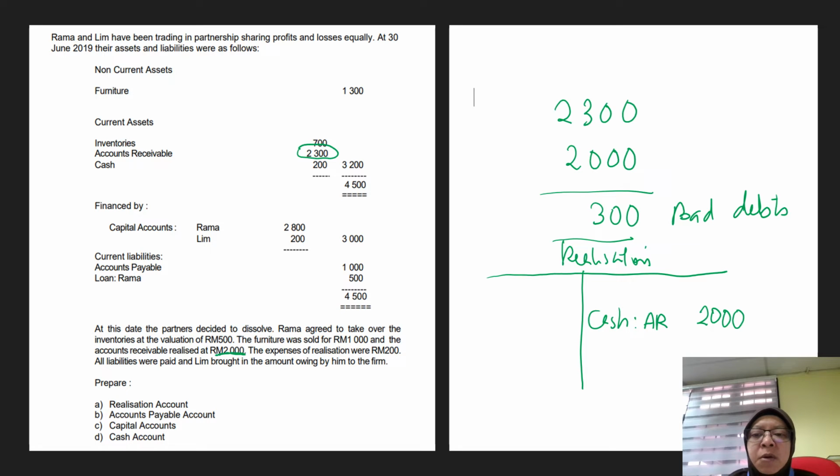So just ignore that 300, because we have already considered that 300 in our realization. In the first step we already transferred our receivable at the full amount of 2,300. So the difference here represents our bad debts.